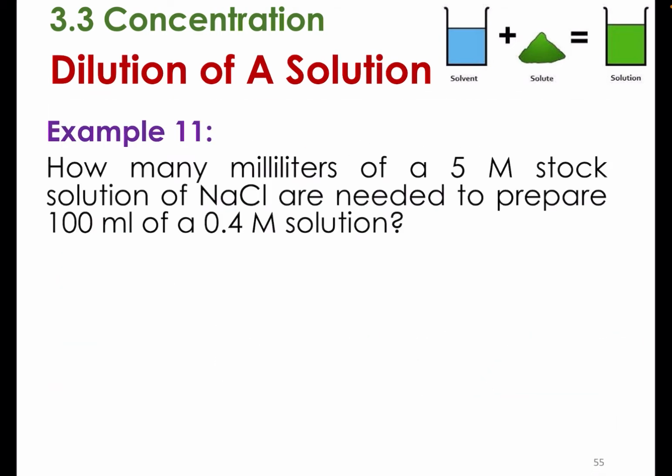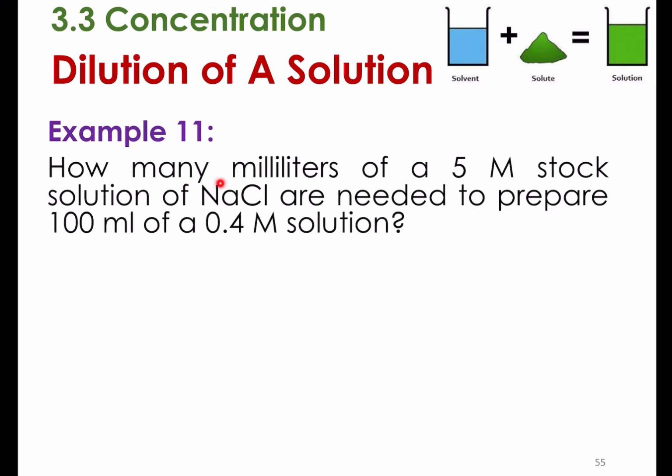So let's try one example to calculate the dilution of a solution. How many milliliters of a 5 molar stock solution of NaCl are needed to prepare 100 ml of a 0.4 molar solution? So in this case, you need to see the sentence used in the question.